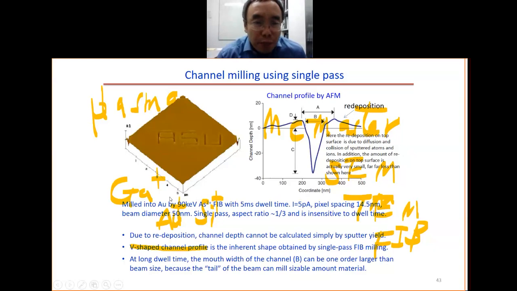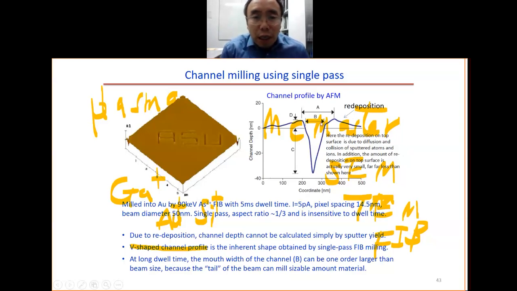For this example here, it is milled by arsenic ion, 90 keV, a pretty high energy. Current 5 picoampere, and the beam diameter is 50 nanometer. You can see that even with a very small beam current, the beam diameter is not small.